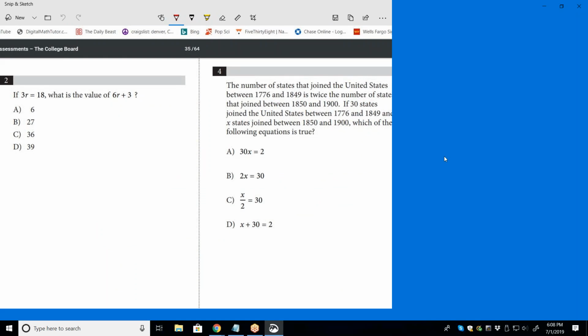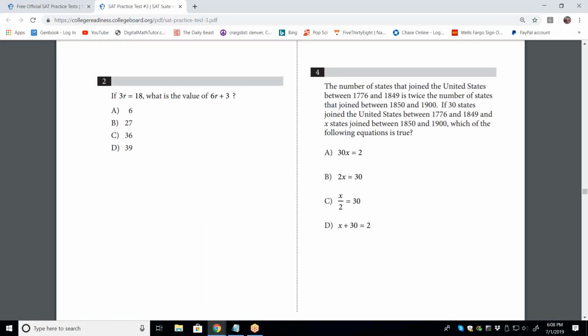If 3r equals 18, what is r equal to? Okay, now what's 6r plus 3 equal to?